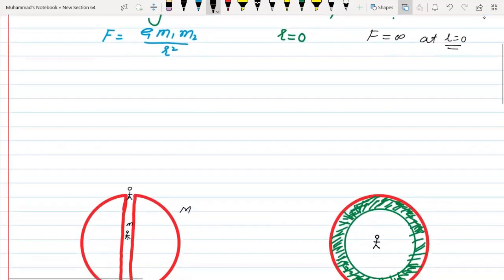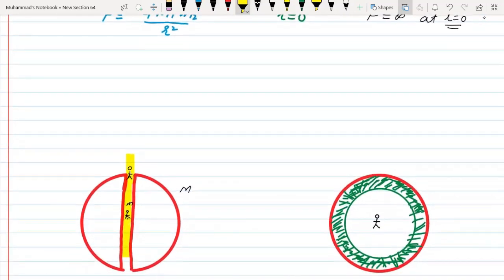Okay. So suppose you are at the surface of this planet, this earth having the mass m, and as you move inside, we have a tunnel inside the earth. So as you move down, how does the gravitational force on you change as you move from the surface of earth to the center of earth?